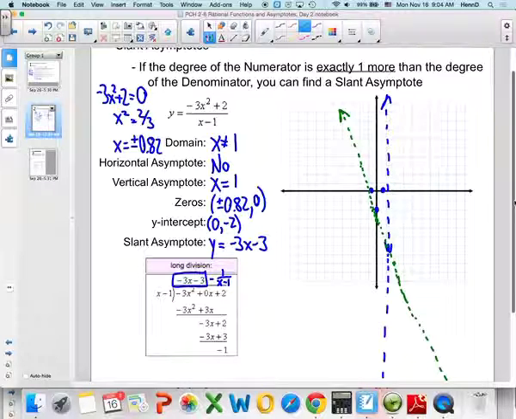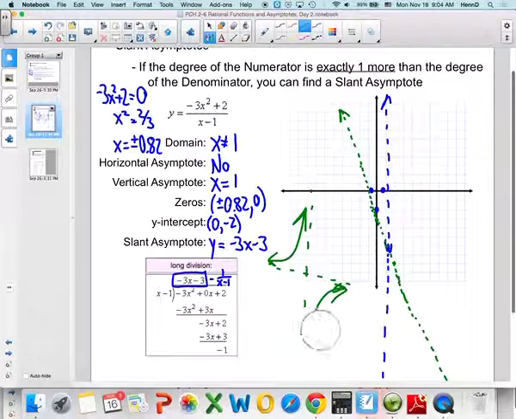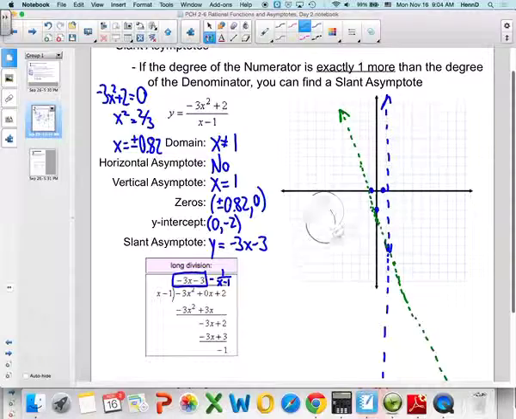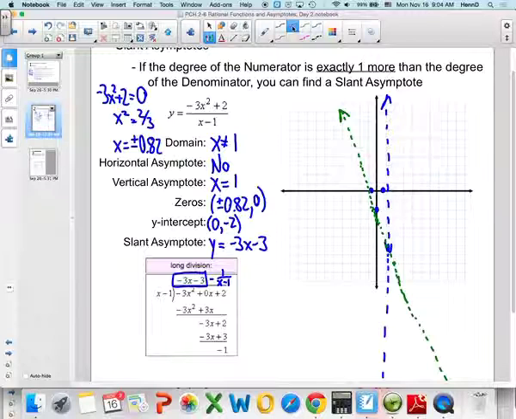Now you guys know that when we have a hyperbola, usually we'll have some crossing asymptotes, and we'll be on opposite corners of those two crossing asymptotes. The same thing is going to apply here, though. But watch what this looks like. We're going to go through this 0, and we're going to approach this vertical asymptote. We're going to go up through this 0, and we're going to approach the slant asymptote.